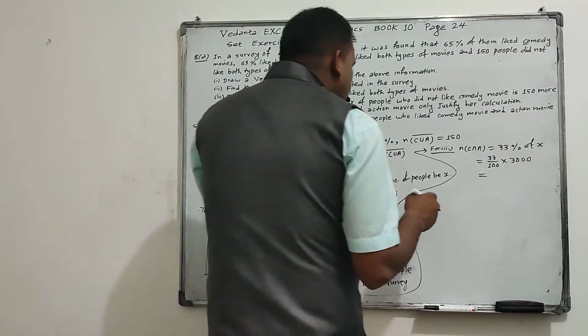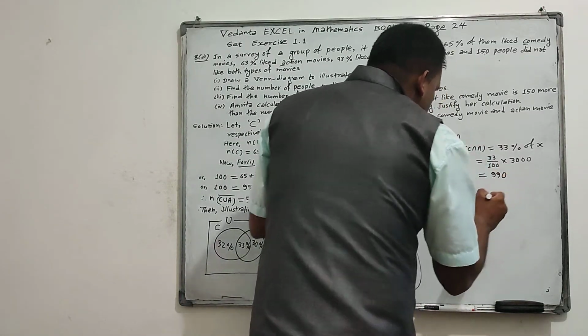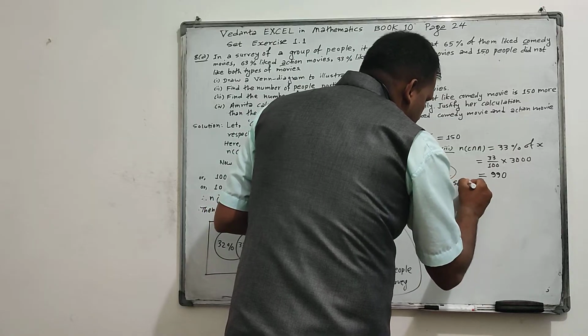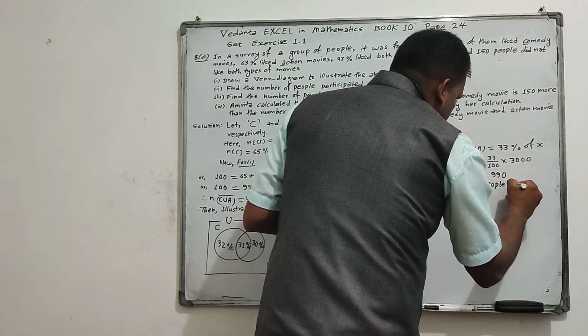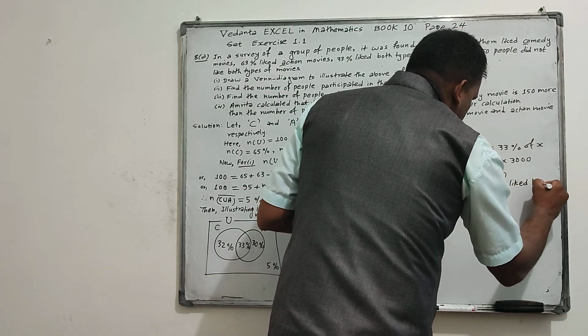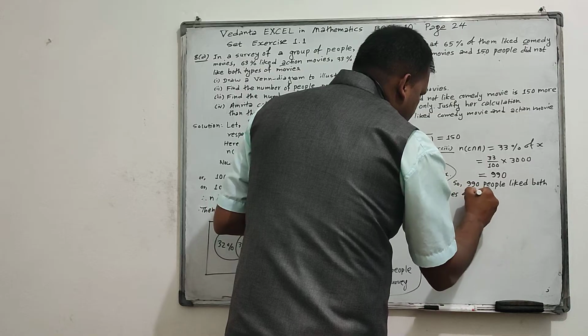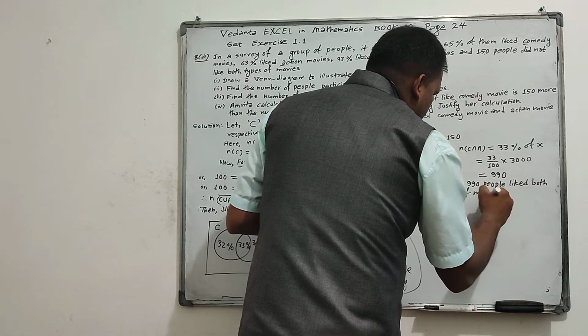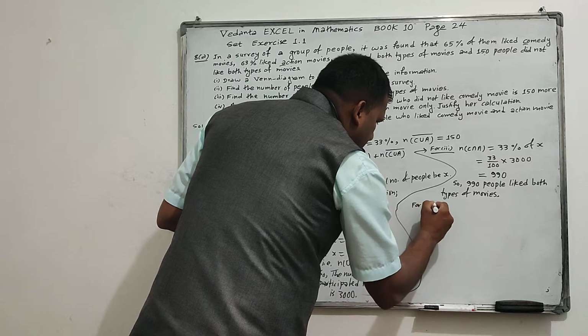This becomes 990. So 990 people like both types of movies.